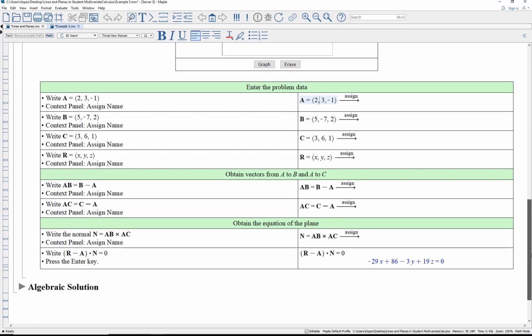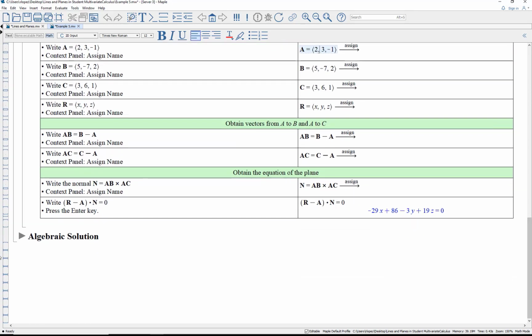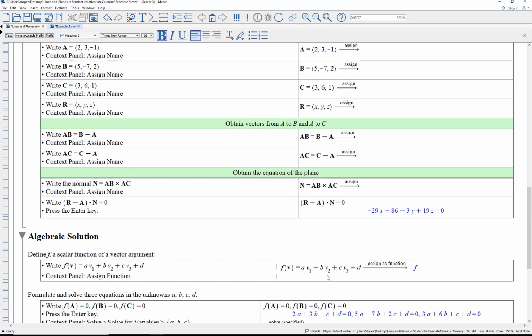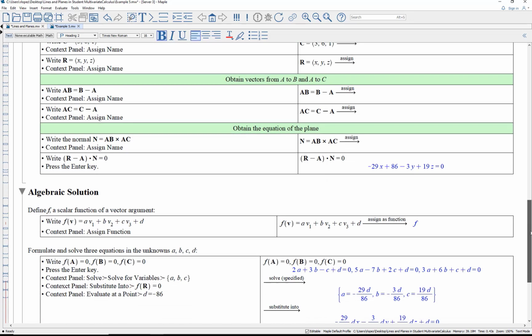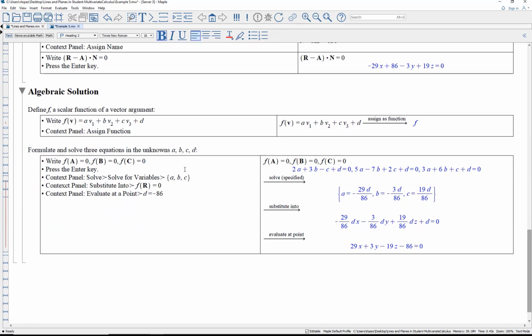There's an algebraic solution to this problem that I'd like to show you because it contains a bit of Maple wizardry that you might not find otherwise. I'm going to define a scalar valued function of a vector argument.